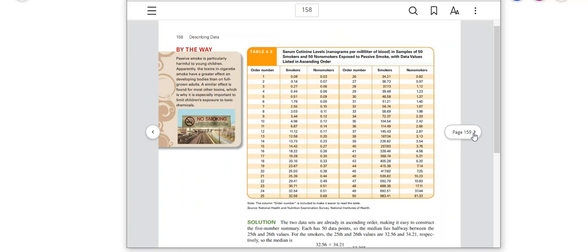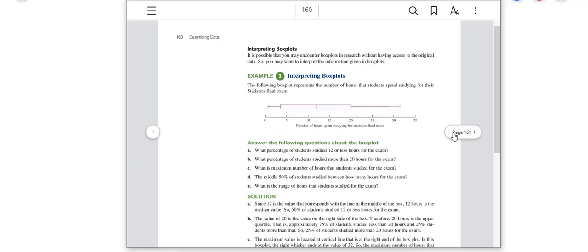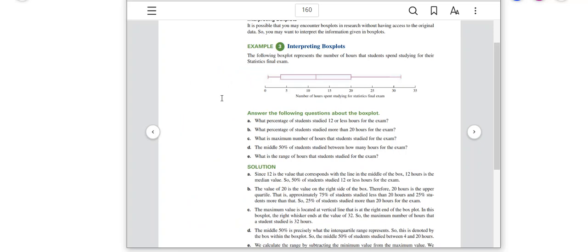Let me flip this over. Okay, good. Now interpreting box plots. All right, so we're going to use this one here: number of hours spent studying for statistics final exam.